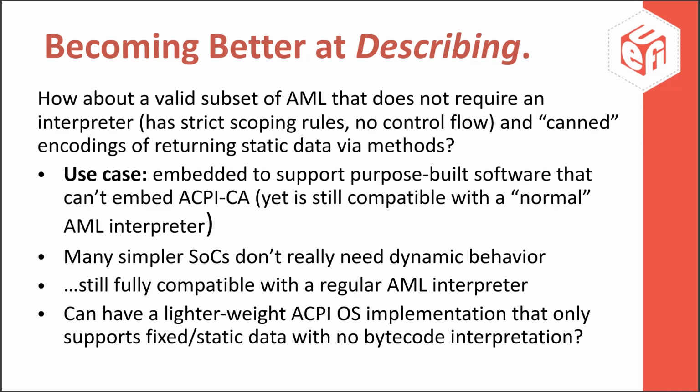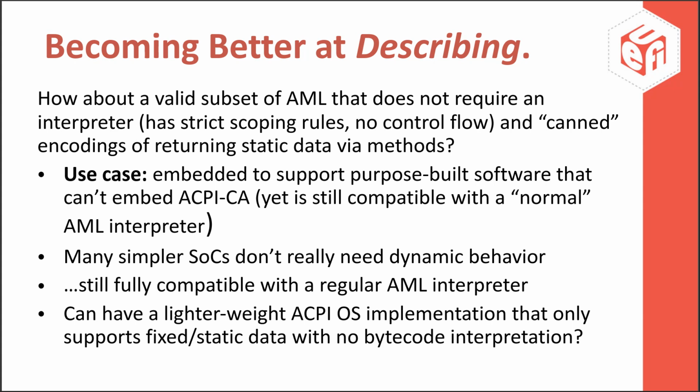So effectively, you could have a small AML support system that would only work with devices described in a very special manner. So in a very well ordered way, it has strict scoping rules. You didn't really have any control flow. You just had a simple way of describing static data.